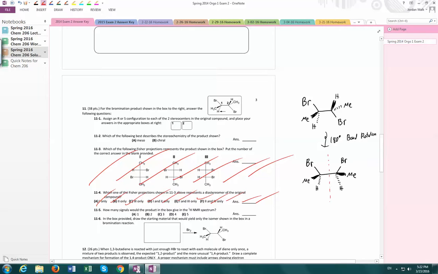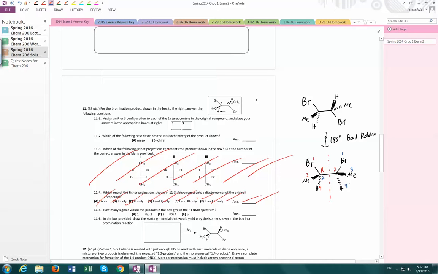And so furthermore, because there's this plane of symmetry, we must have a 1-to-1 ratio of R to S, but we can confirm that by saying 1, 2, 3, 4. And so is that R or S? Yeah, I see R. And then the other one must be S, but let's confirm.